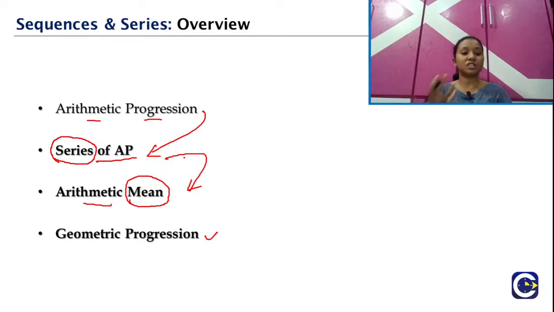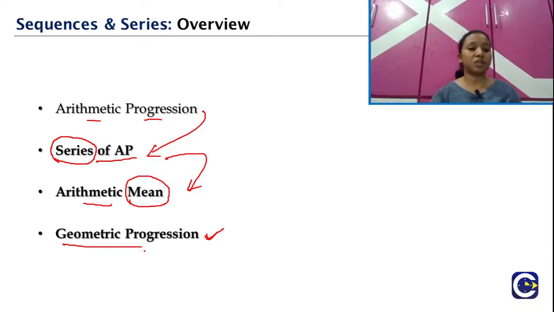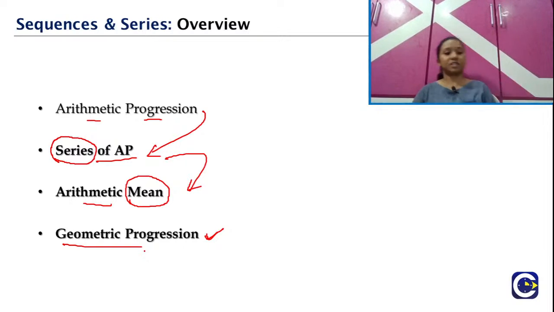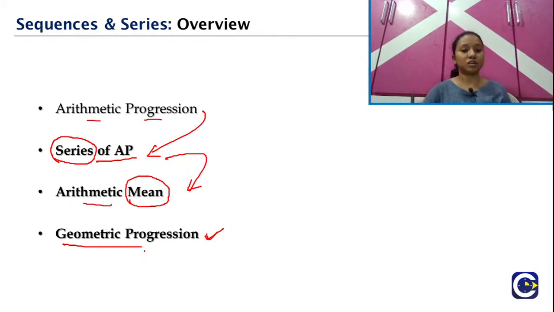So these are the basic topics in our progression, like series as well as the mean part of it. So in today's session, after this arithmetic mean, we are going to start the next topic, that is geometric mean here.